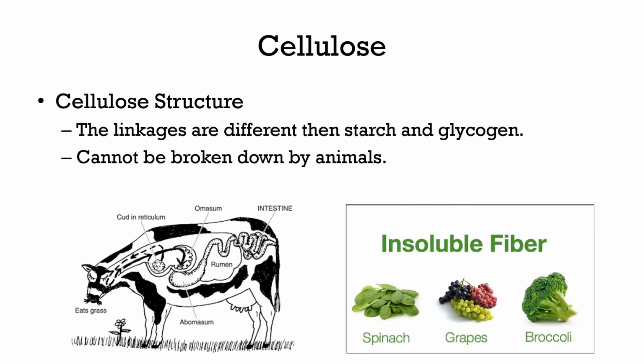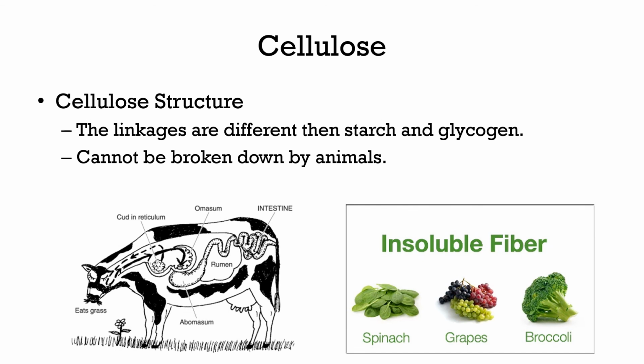Now, humans can't break down cellulose, but other animals can't break it down either. So, for example, cows or deer, these animals that eat almost exclusively grass, they also, on their own, would not be able to break down cellulose. However, they have this very interesting relationship with microorganisms that live inside their guts that allow them to break down cellulose.